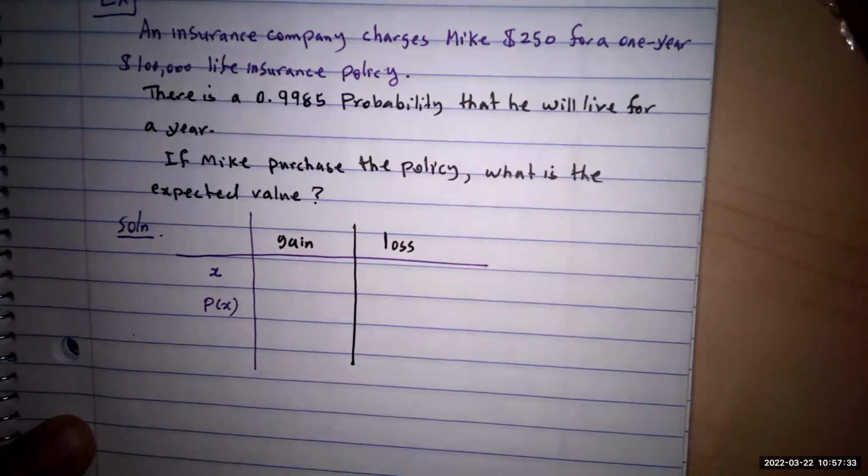How much money is he going to collect? 100,000? No, not quite. We're talking about Mike, and the insurance policy is 100,000, but you have to do something first to get to the 100,000.